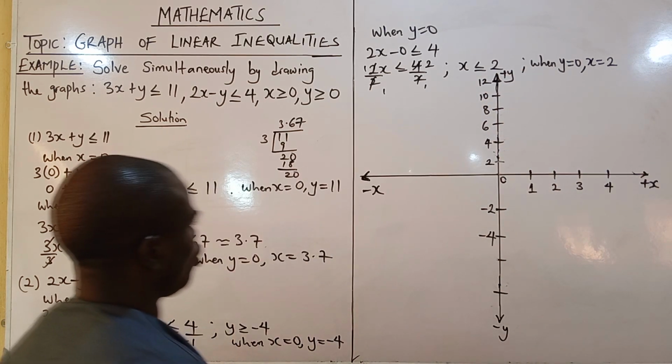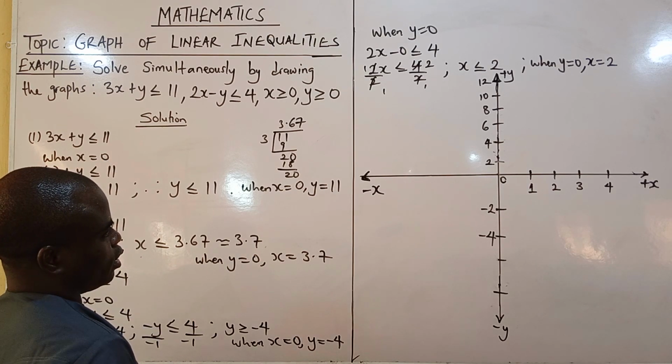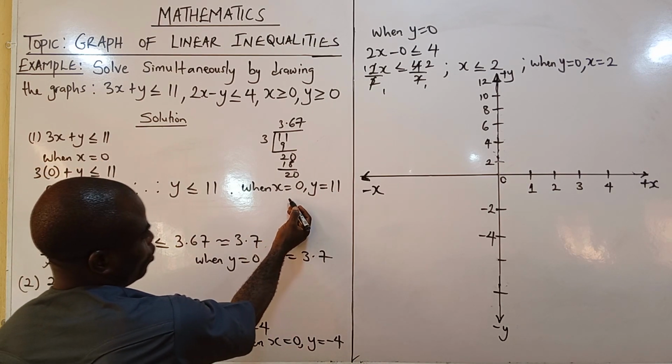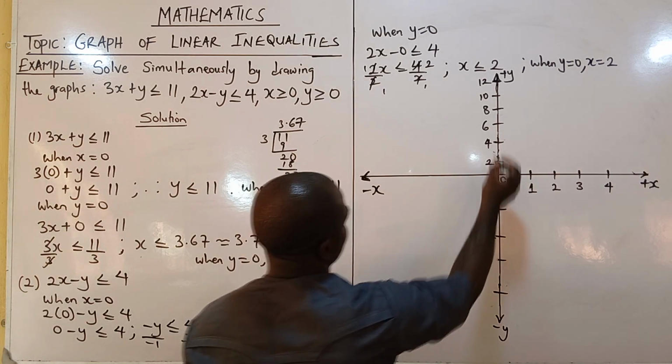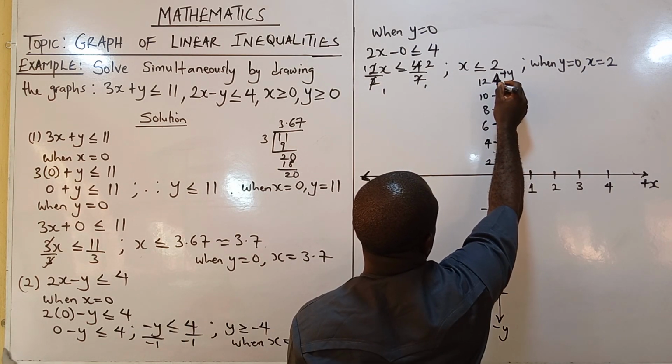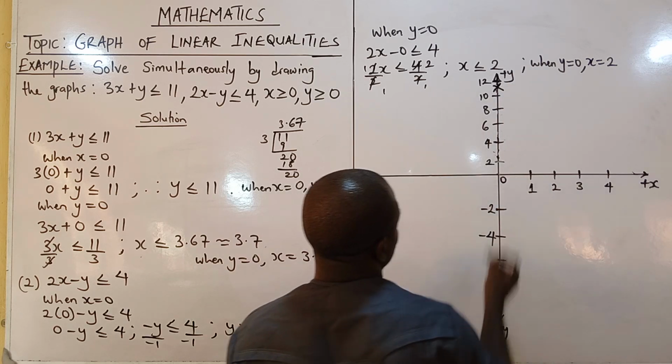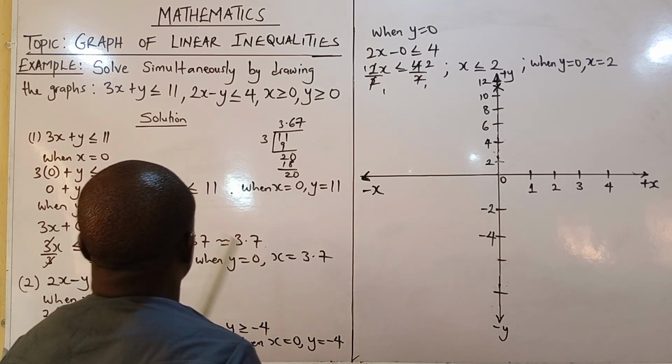Okay. When x is 0, y will be 11. Let's start at the middle: x is 0, y is 11.